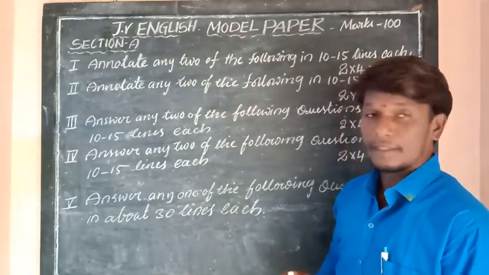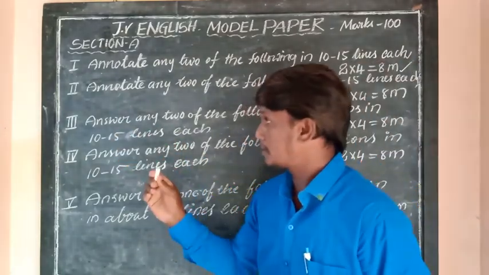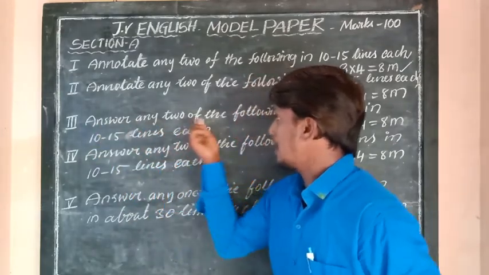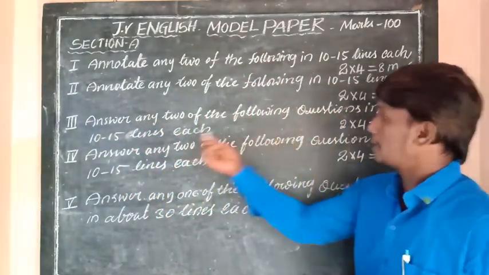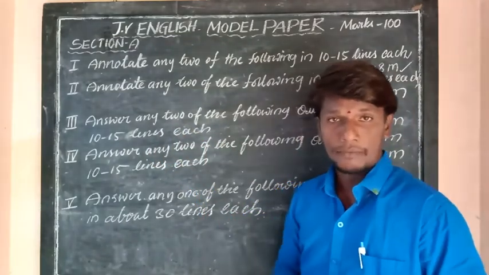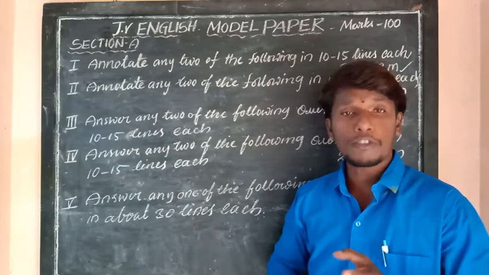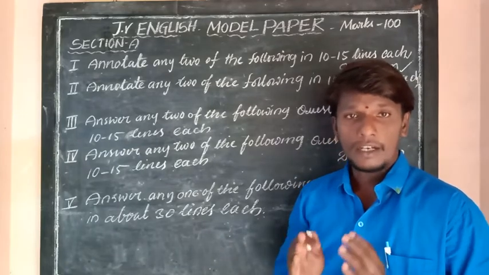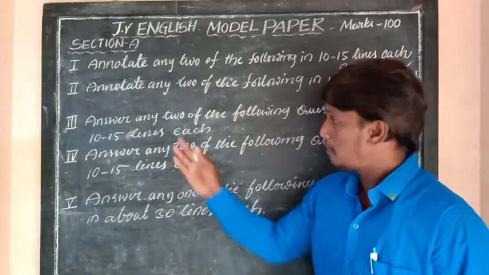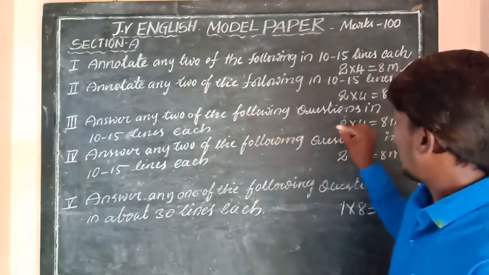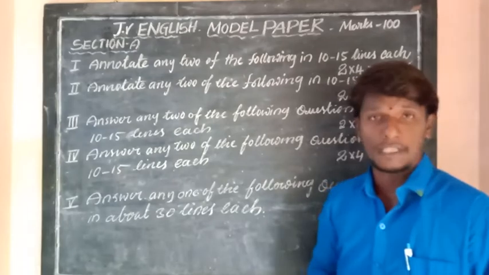Right. Now coming to Roman number 3, under Roman number 3 we will be asked: answer any two of the following questions in 10 to 15 lines each. This time you need to write answers for the questions. You will be asked 4 questions from the prose, and again you need to write any 2 questions.